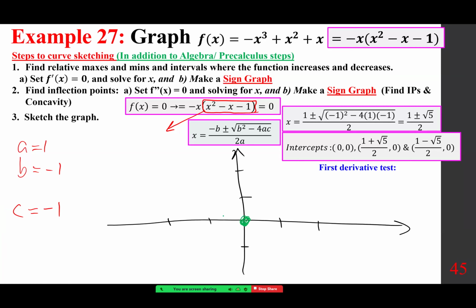Now, square root of 5 is about 2.2, with 1 is 3.2, divided by 2 is almost 1.6. The reason I say that is because of graphing. So a rough sketch gives us this point, and this one gives us negative 0.6. That gives us this point.